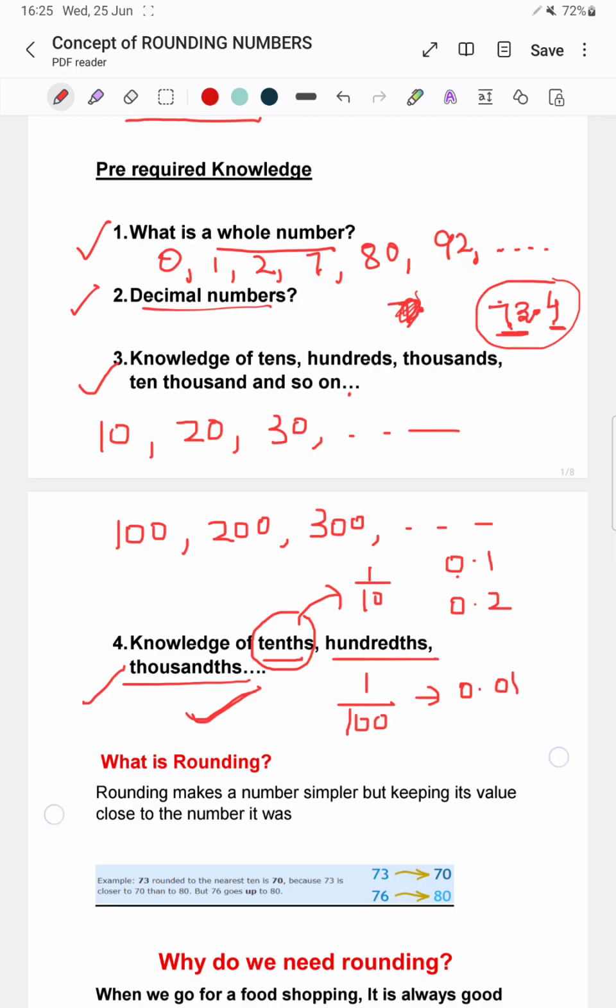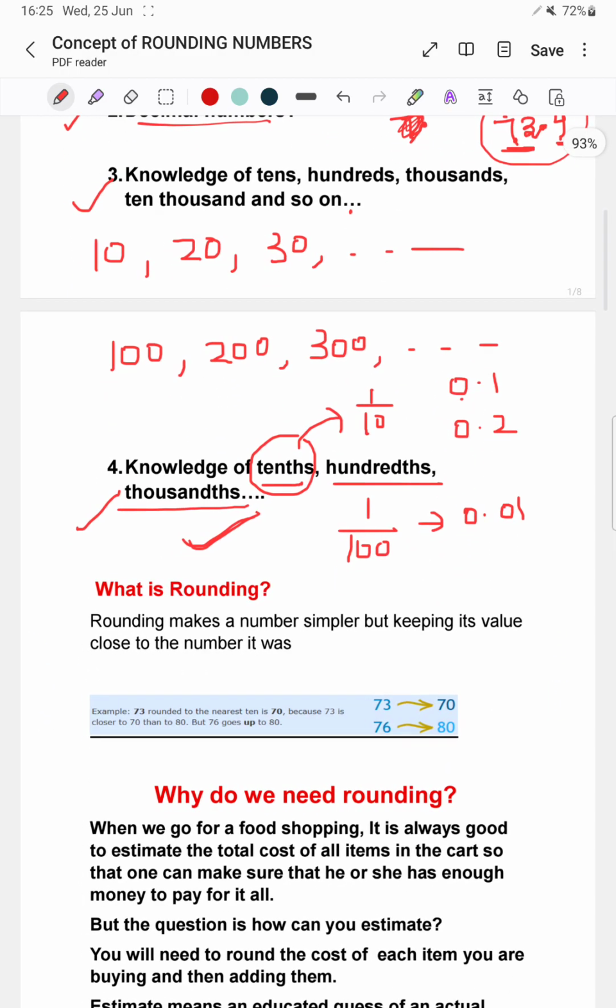Once we understand these concepts, now we come to the definition of rounding. Basically, what is the process of rounding? Rounding is a process to make a number simpler but keeping its value close to the actual number. For example, 73 is a number. When I apply the process of rounding, it becomes 70.